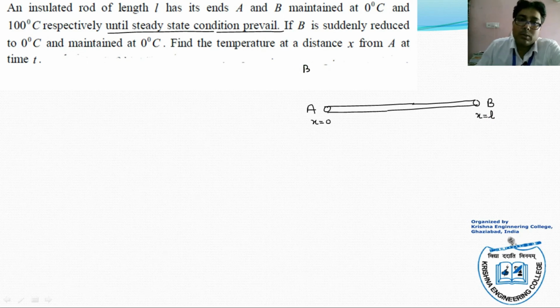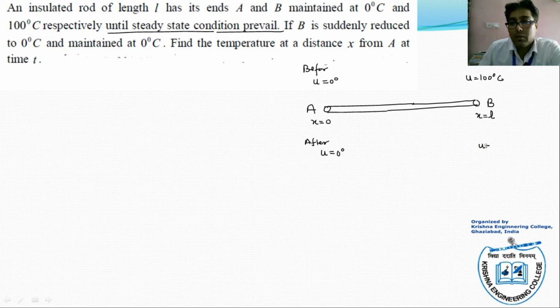Before the time, u is equal to 0 degree Celsius and u is equal to 100 degree Celsius. After steady state condition prevails, the temperature at the end A becomes u equal to 0 degree and u is equal to 0 degree Celsius, maintained at 0 degree.